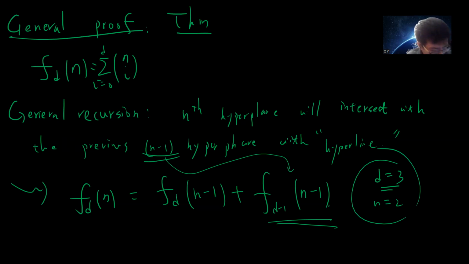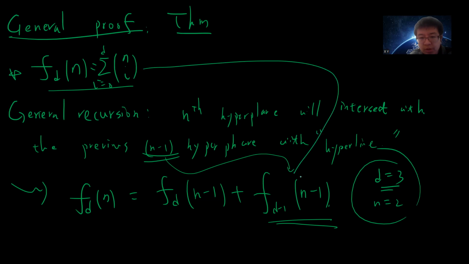So the rest we just try to prove this. We just plug this into this, and then we check it's true. Then we are done. Maybe there's some boundary condition that you need to check, but I think this is simple enough that you can check it.